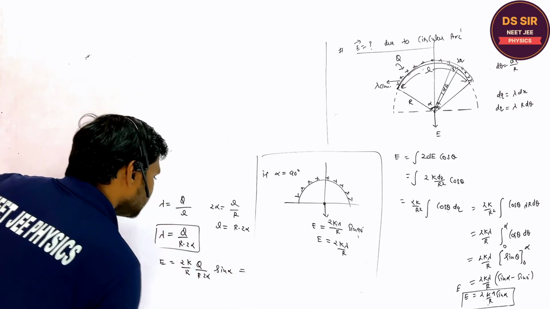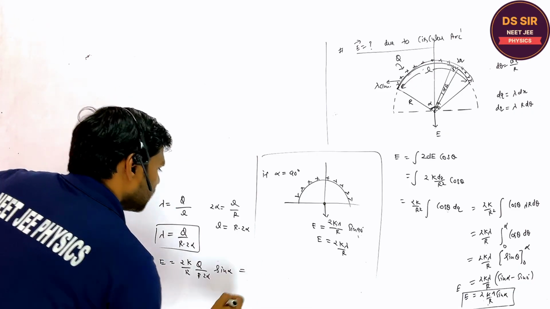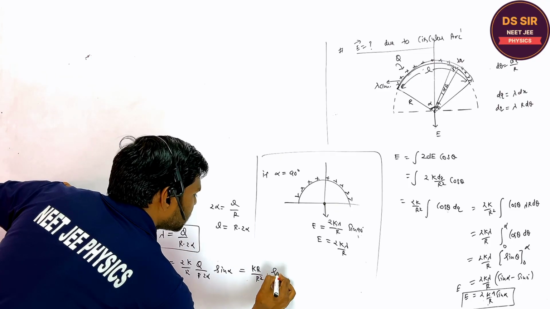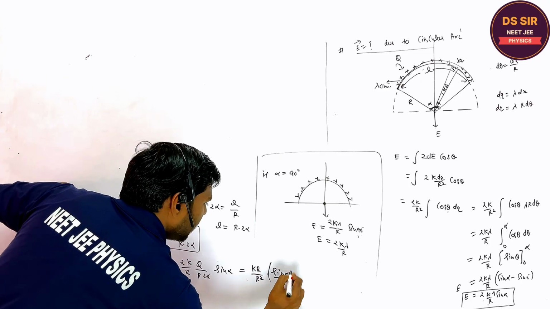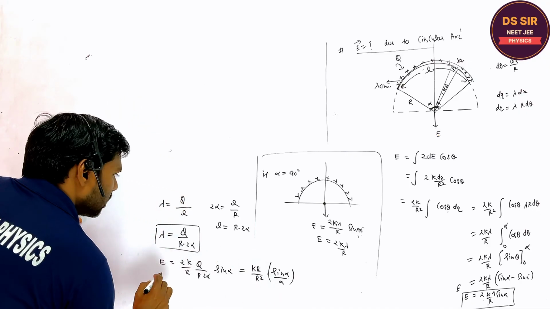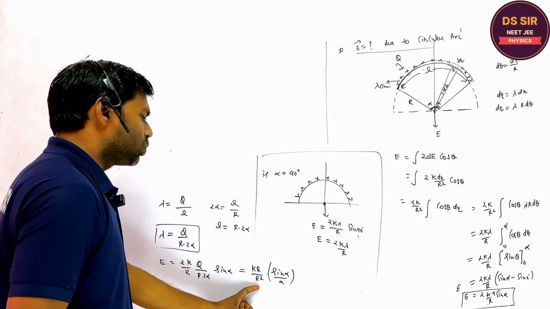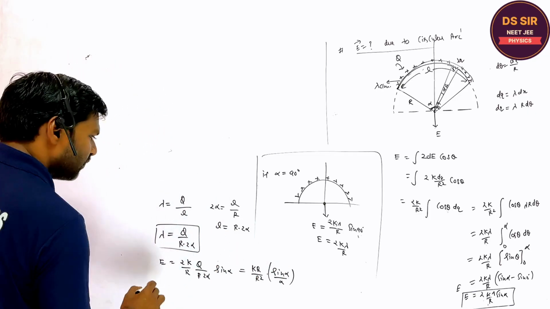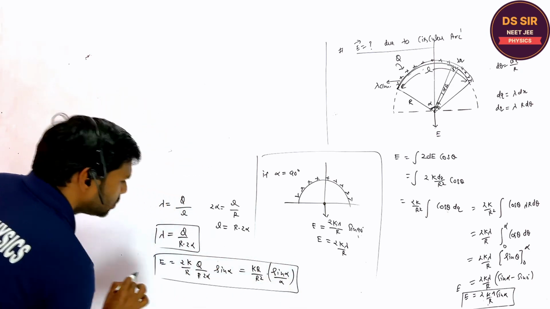So it may be written as what? Kq upon r square sine alpha upon alpha, right? This is also the very good expression in terms of q. Kq upon r square sine alpha upon alpha is the electric field due to the charge q.